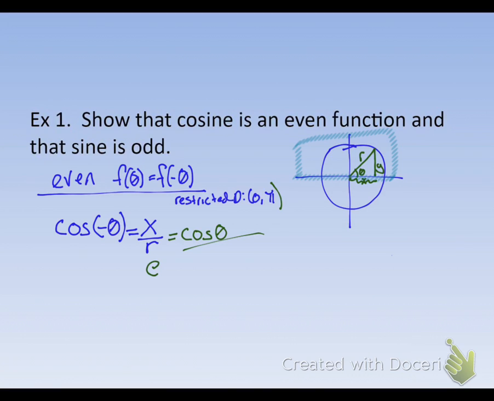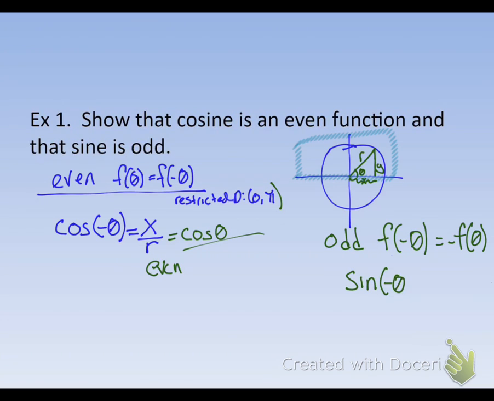And so therefore it is even. So we're going to prove that sine is odd. And here we're looking for f of negative theta equals negative f of theta. Let's try that again, Jenkins. There we go. Okay, so here we see that we would have sine of negative theta.